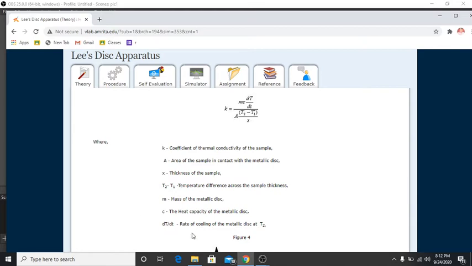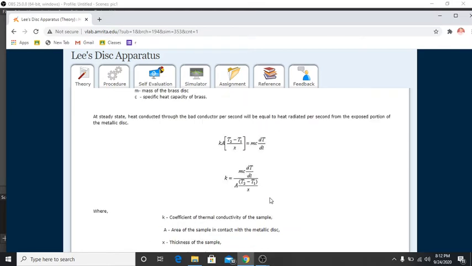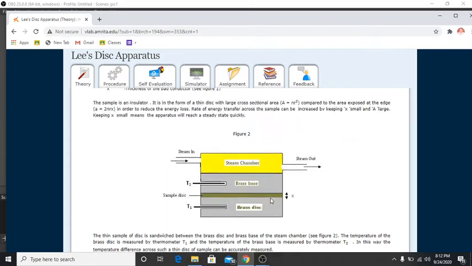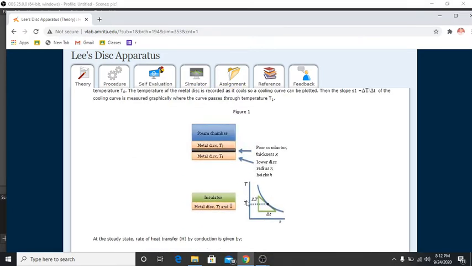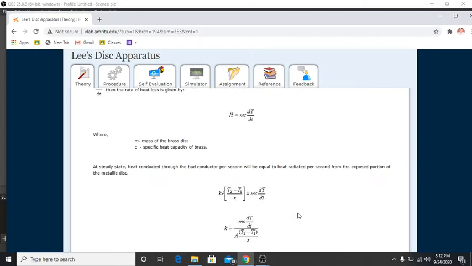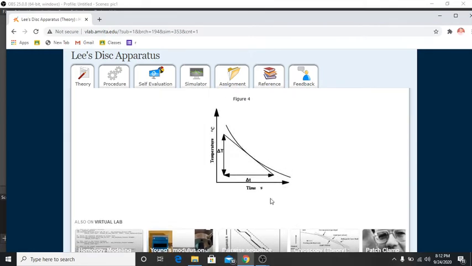And this is the rate of cooling of the metallic disc, which will be determined from the slope of the graph you are going to plot between temperature and time in seconds. This is the graph, and we are expecting to have a curve like this.